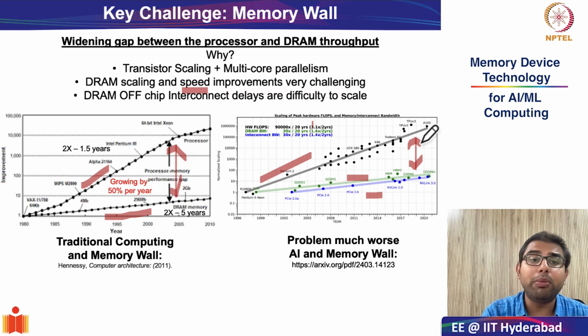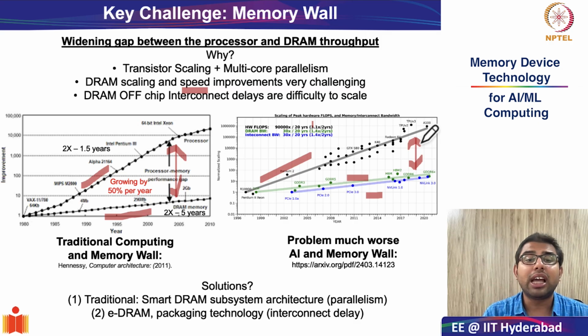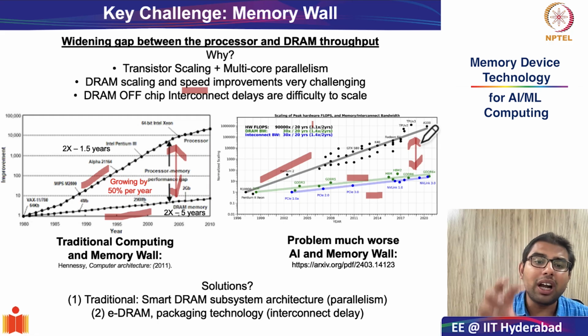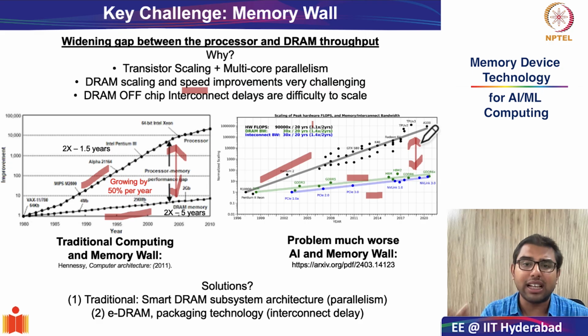So this is a problem that needs special attention, and several solutions have been proposed to address this growing memory wall. The first thing that people tried was the traditional approach. You have a processor subsystem that is demanding data at a much higher rate, but individual DRAM banks or individual DRAM cells or arrays are not able to keep up with that amount of throughput.